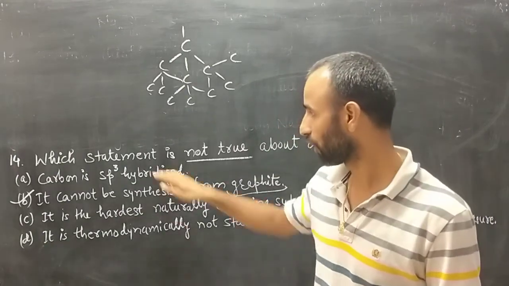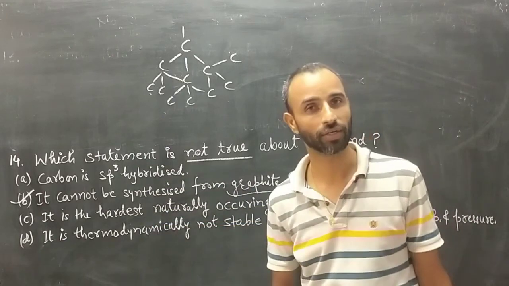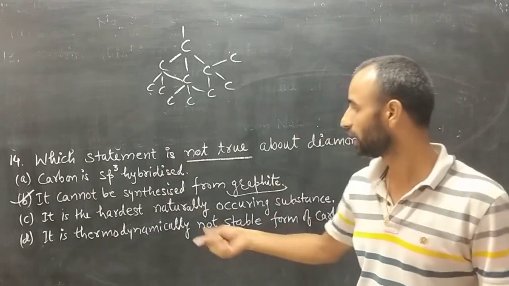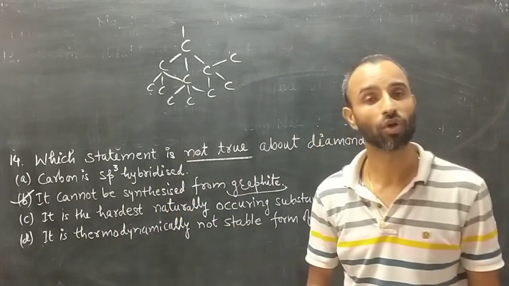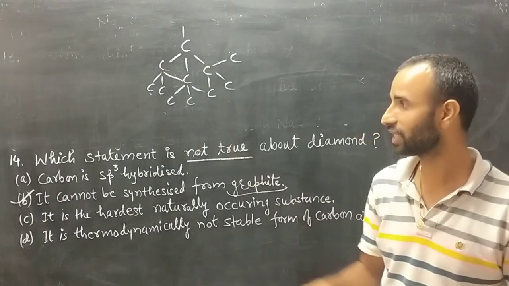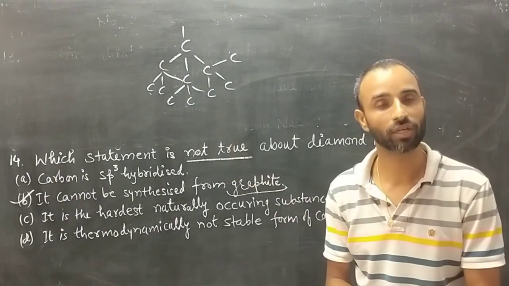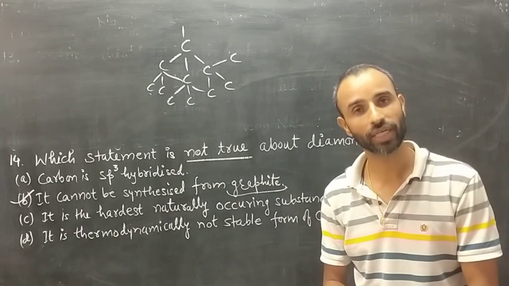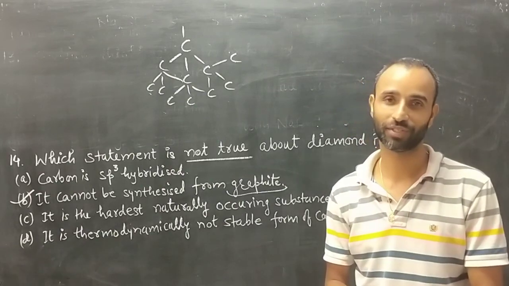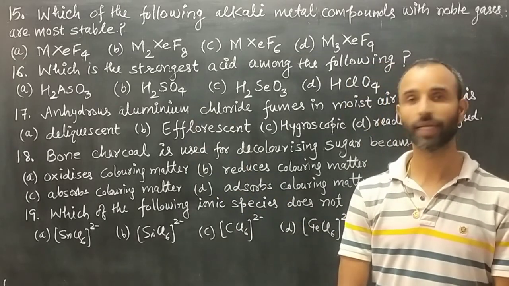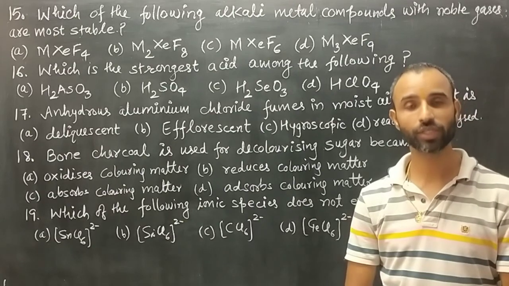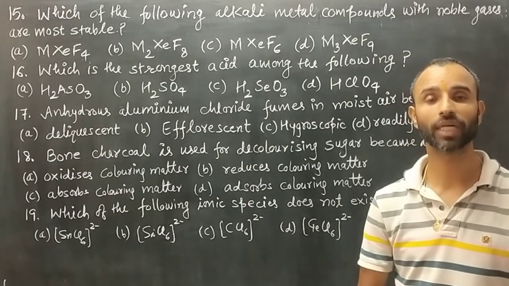So options A, C and D are correct. Only option B is not correct. So these are the 3 questions, 12, 13 and 14 from GSET 2011. Questions 15, 16, 17, 18 and 19 are from GSET 2013.